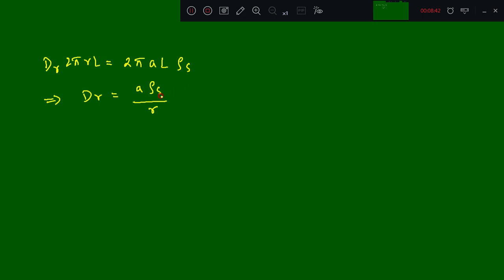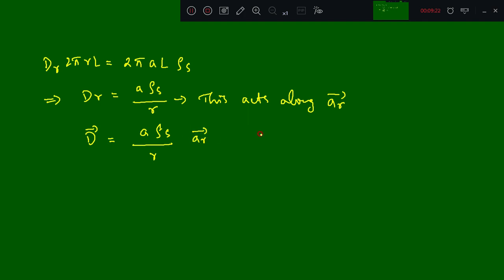This acts along the a r direction, so the D value is A rho s upon r into a r.